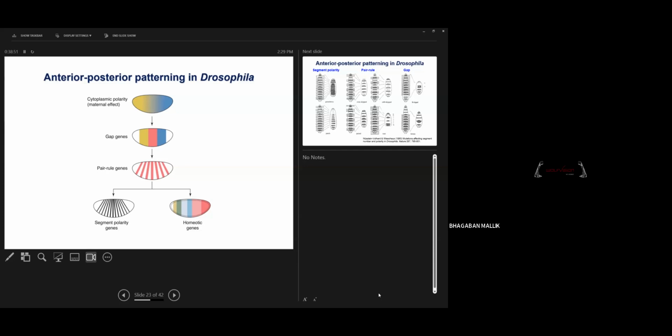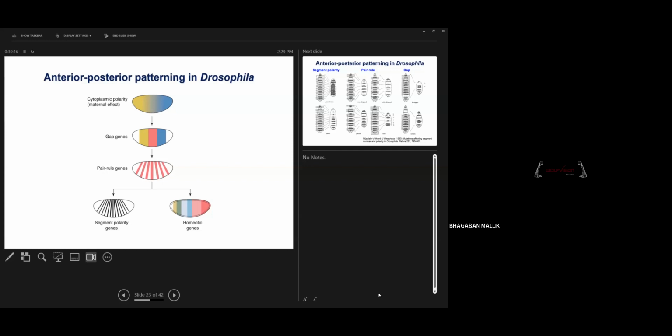Then after some time, you have division of the nucleus, forming a multinucleate structure called the syncytial stage. Then you have a cellularization stage. After that, you have expression of genes, the gap genes. So the maternal genes activate the gap genes.